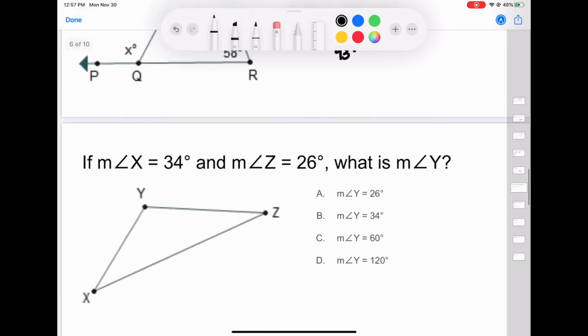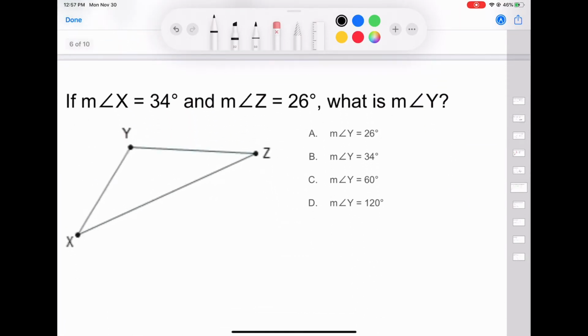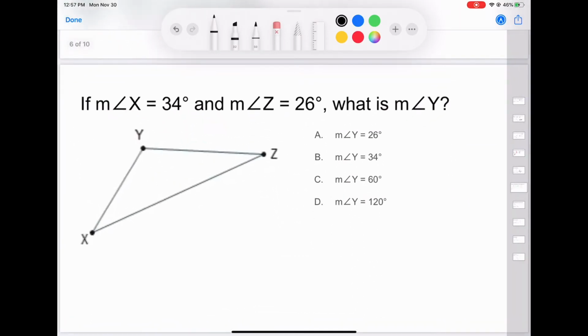Wonderful, let's move on. Here we have another type of problem. This problem says the measure of angle x is 34. The measure of angle z is 26. What is the measure of angle y? Well, we learned that the sum of all the interior angles of a triangle is equal to 180 degrees. Therefore, if we add angle x plus angle z plus angle y, we must get 180. So we can substitute what we already know.